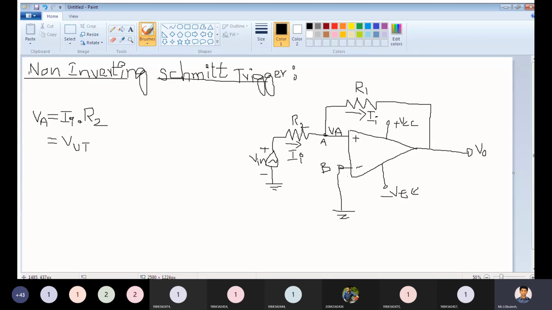As the op-amp input current is 0, Ii entirely passes through R1.